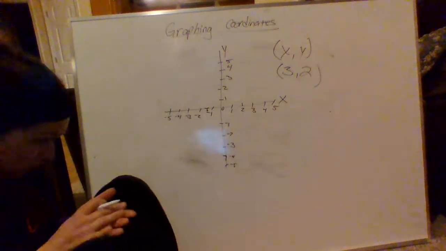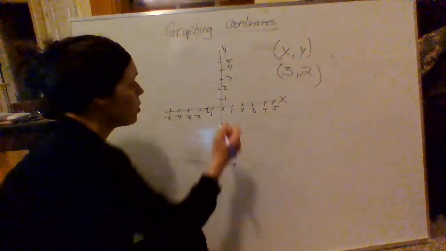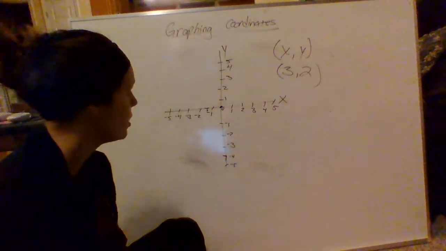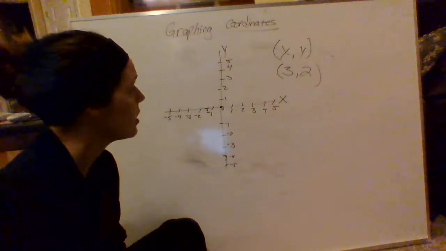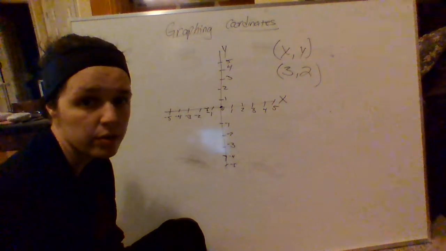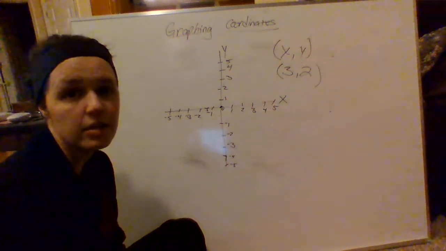So you look at it, you say, okay, 3, 2. We start at the origin, right smack dab in the middle here. We always start there. You don't need to put a point there, I'm just marking it. It says 3, 2. So on the x-axis, I am going to go over 3 spaces. How do you know if it's left or right? If it's positive, it's to the right.